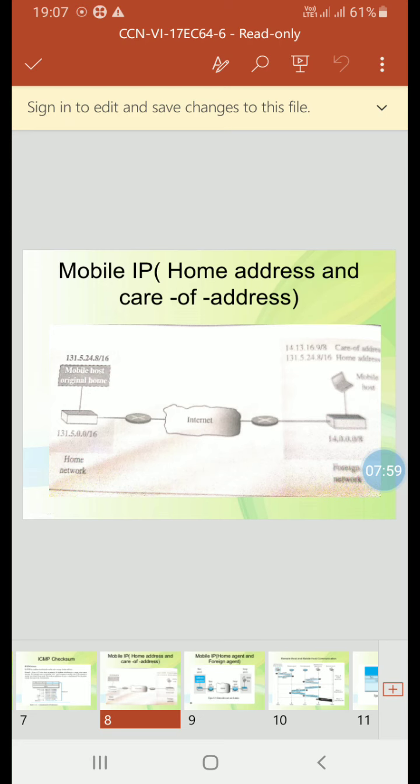Fourth, if the host roams from one network to another during a transmission, data exchange will be interrupted because the ports and IP addresses of the client and server must remain constant for the duration of the connection.